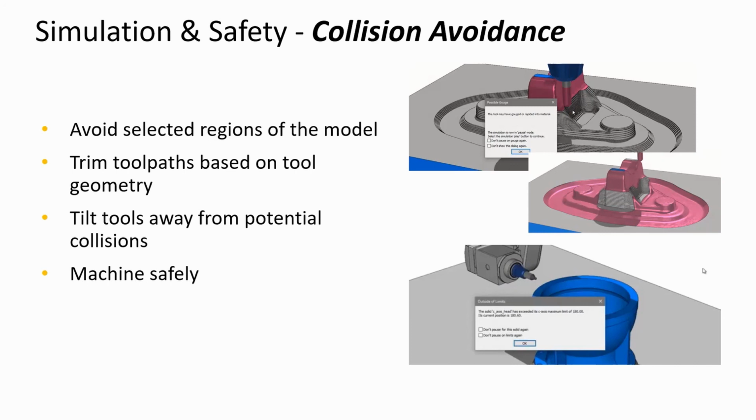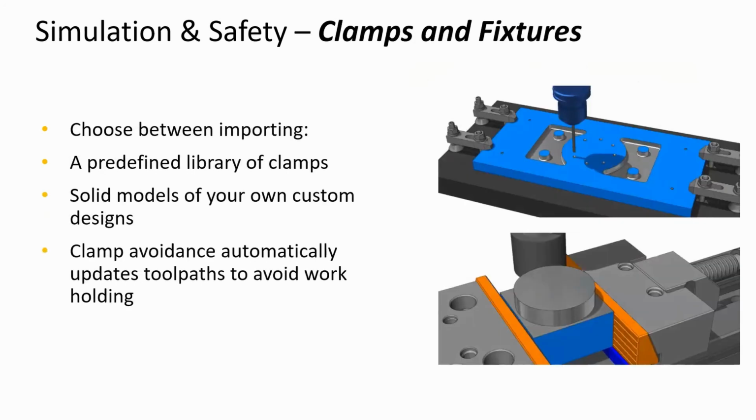This is a way to make sure that your investment stays strong and you don't have a setback. Talking about clamps and fixtures, Andy talked about one of his favorites on the last list, but also there's a predefined library built in and you can pull these in and really help yourself in the safety area of this to make sure that they're accounted into all the work and the moves that the machine's going to make.